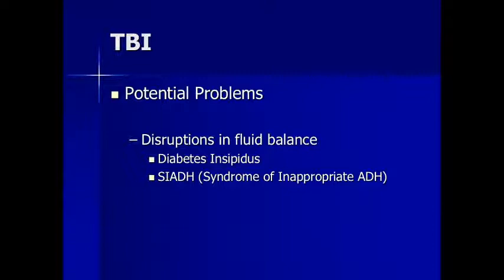In the acute phase, if the urine output is greater than 200 milliliters per hour for 2 hours, then that usually is an indication of the onset of diabetes insipidus in our head trauma patients. At this point, we administer IV fluids, we do electrolyte replacements, and usually these patients get DD-AVP.